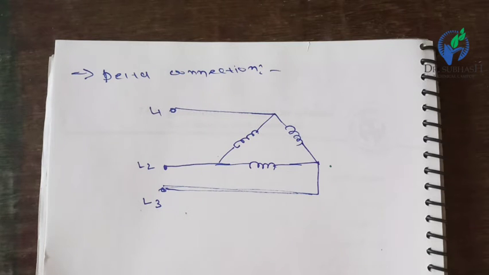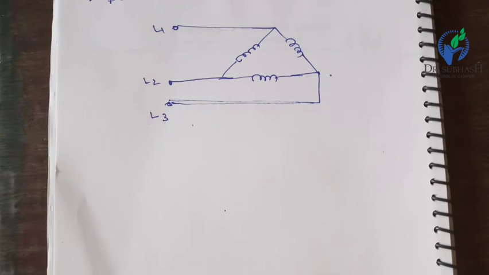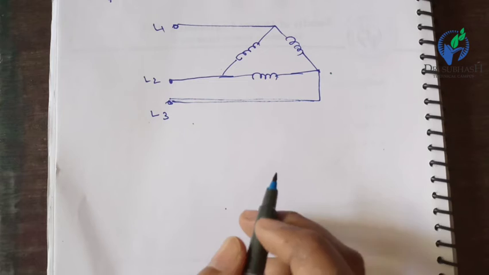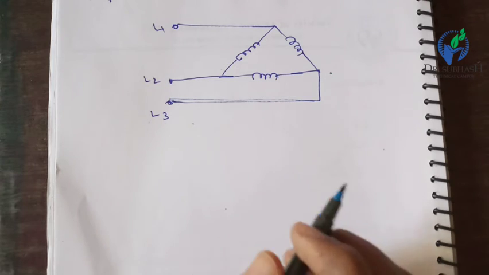The load of the three-phase system may also be connected in star or delta. For the delta connected load and for the star connected load, we draw the figures of them. First of all, we draw the three-phase delta connected load.